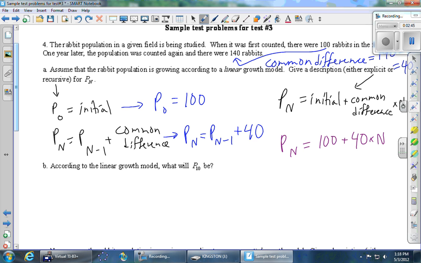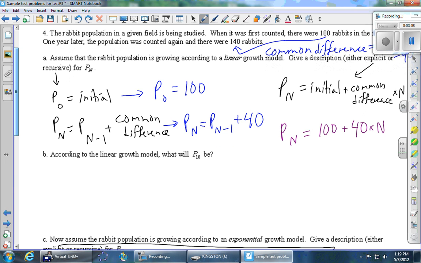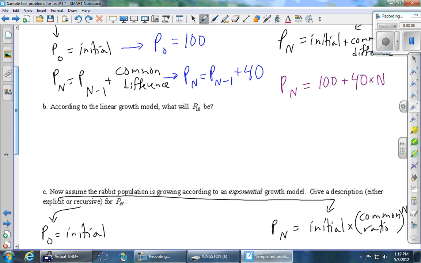Part B, according to the linear growth model, what will P10 be? Well, you can find P10 by adding 40 9 times, or maybe 10 times actually. Just keep adding 40 enough times, and that's basically what the blue thing says to do. You're using the recursive, which says just keep adding 40. But if instead of P10 we wanted P100 or P1000, I certainly wouldn't want to add 40 that many times.